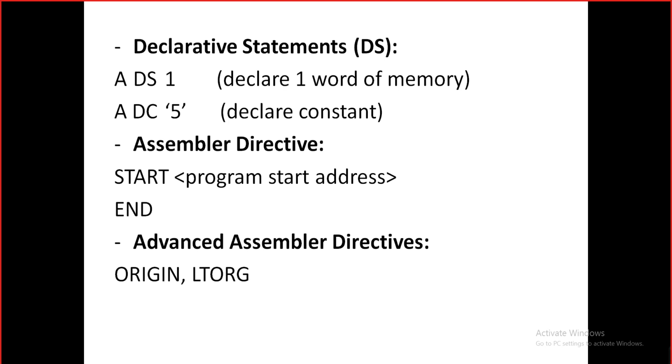So you have to make the entry into the pool table accordingly, right? So whenever you encounter an LTORG, whatever is the current index of the literal table, that has to be stored into the pool table, right?